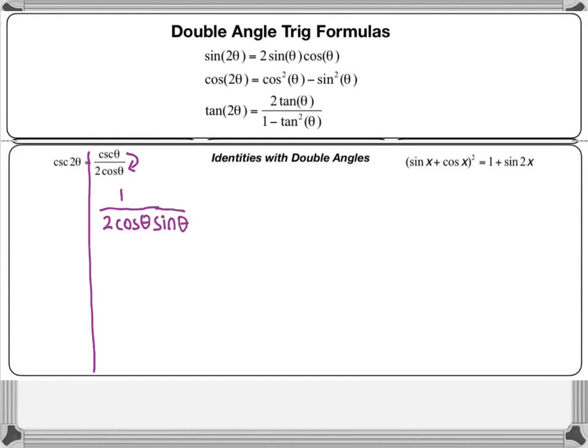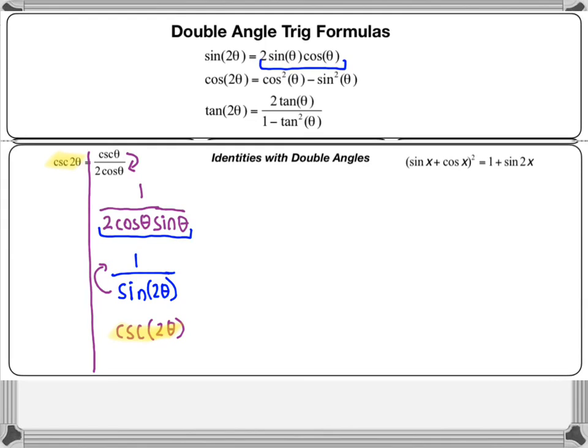Okay, and it looks like this is an identity that we can see up here, and that is actually going to get replaced with sine 2 theta. Once we have it all collapsed down, we can put it back up here, take the reciprocal, so that's going to be the cosecant of 2 theta. And it looks like that worked out pretty nicely.